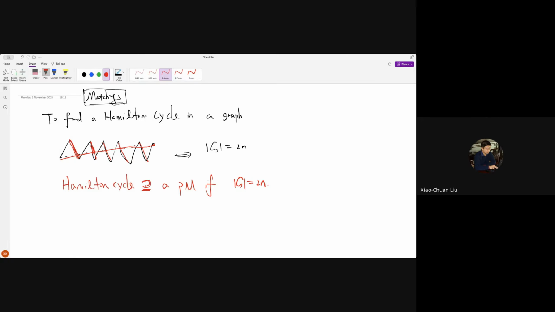Right? Is it clear? So I'm saying that if you have, for example, a cycle like this, then you just take this edge, this edge, this edge, and this edge, right? And it's a matching.